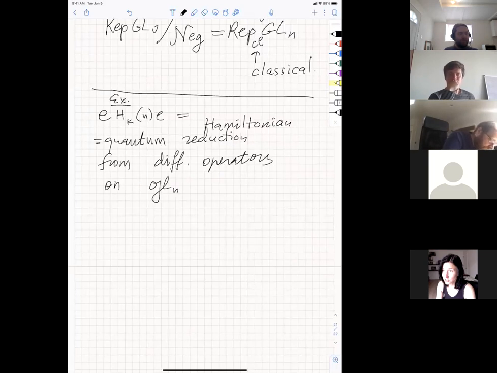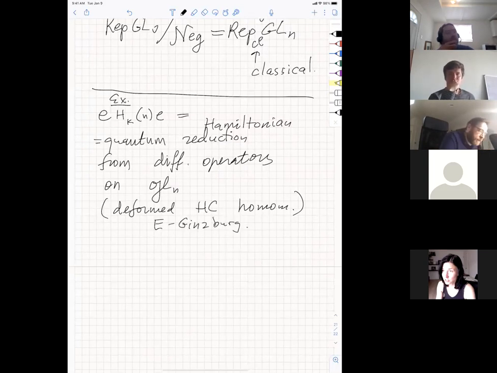This is called the deformed Harish-Chandra homomorphism in my paper with Ginzburg many years ago. But really, essentially, it means the following.